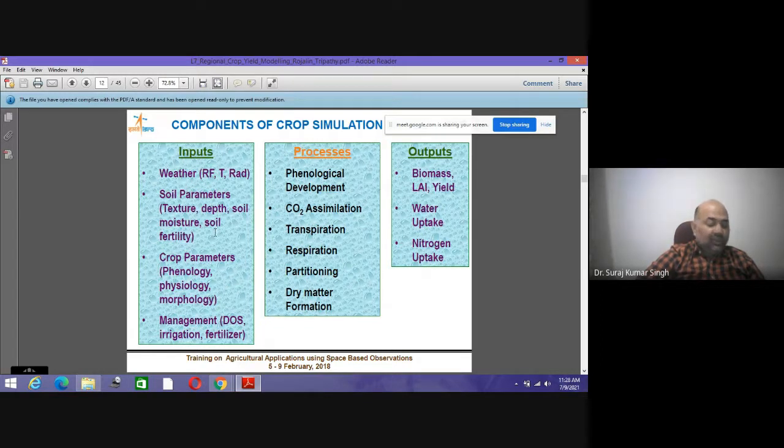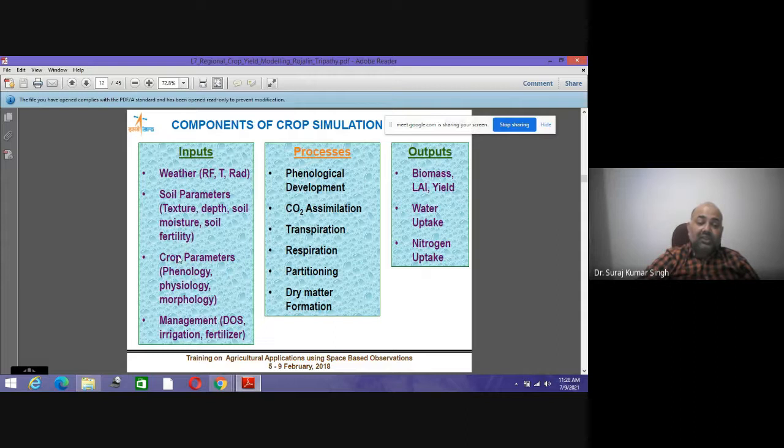Apart from this, the soil parameters are equally important, because each and every soil in India, each and every geographical area has a different soil texture, depth, soil moisture, soil fertility, and according to that you have to choose a crop that can have a good cropping production.